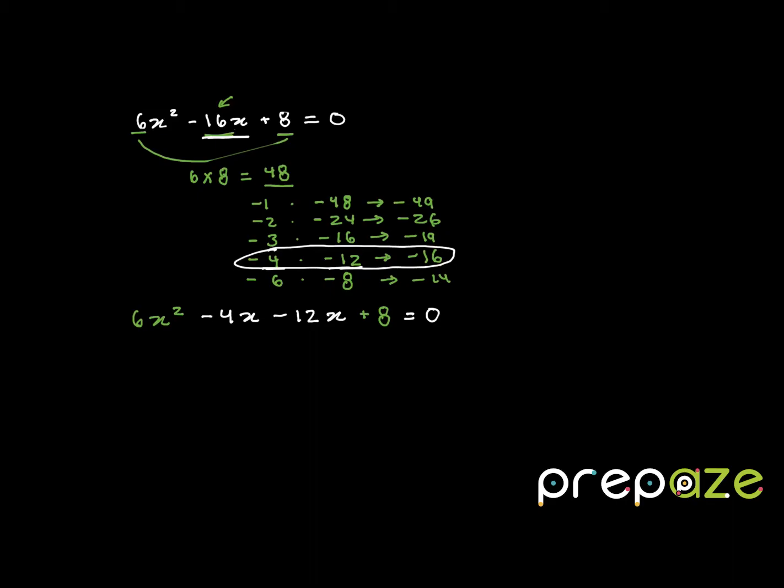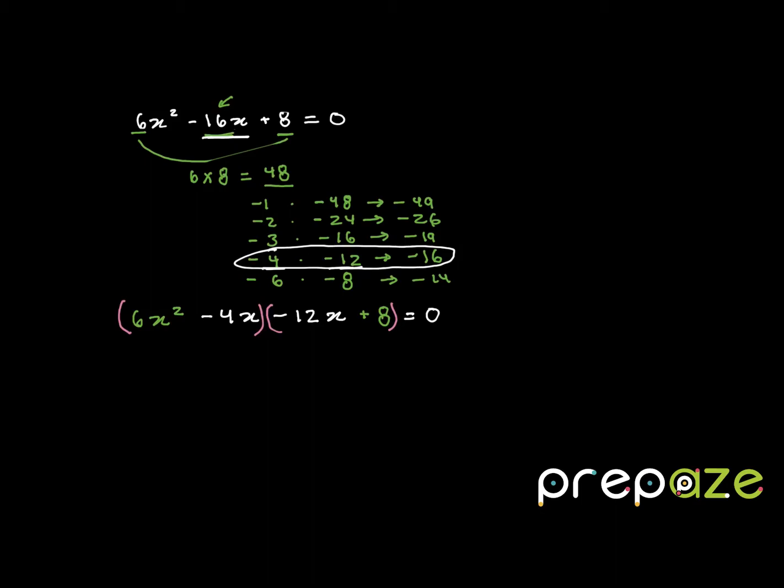The next step that I'm going to do is I'm going to group all of these terms into two groups. So the first two terms, 6x squared minus 4x, will be one group. And the next two terms, negative 12x plus 8, is going to be our second group.